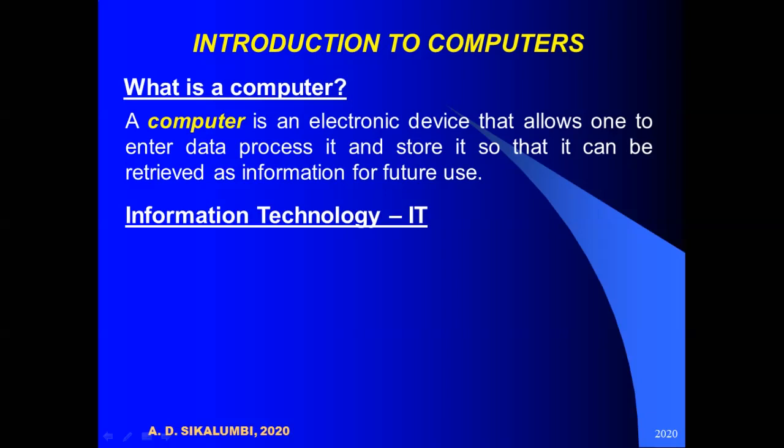But when you start processing and arranging that data in some formal way so that people can easily interpret it, you turn it into information. So information is something meaningful, something that you can read, interpret and understand. Therefore, there is a difference between data and information.